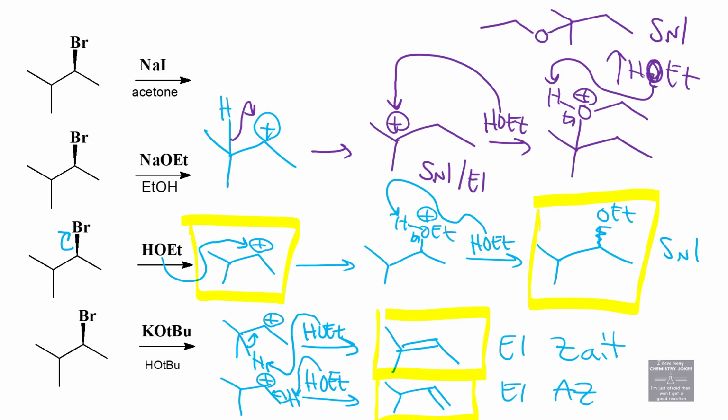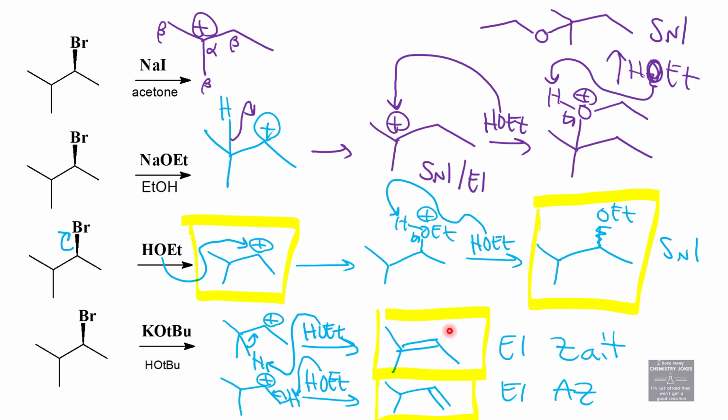But I could also do E1 with my purple carbocation. Yeah. I've got alpha, I got beta, I got beta, I got beta. 3 different beta hydrogens, but 2 different types of beta hydrogens. Those 2 terminals are the same. This beta, if I eliminate from this beta, I actually make this product again.